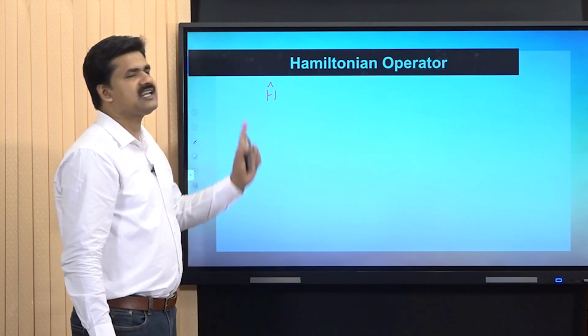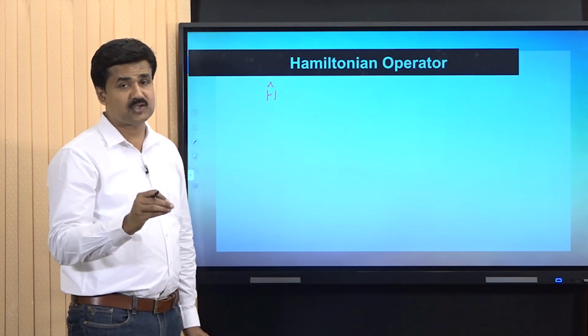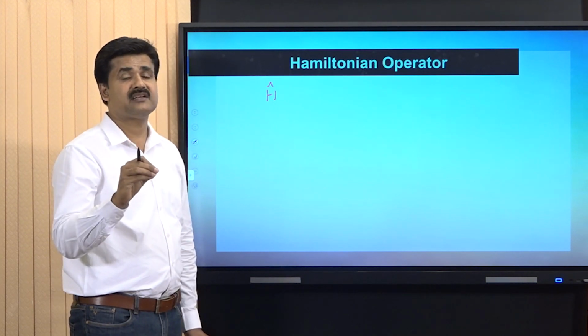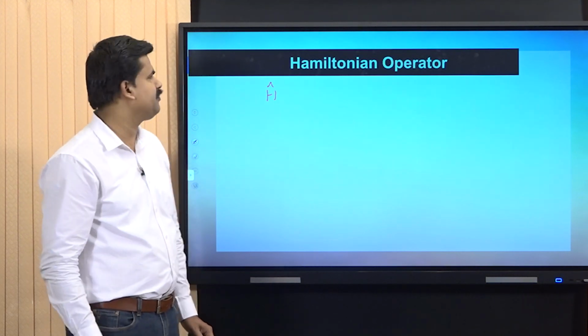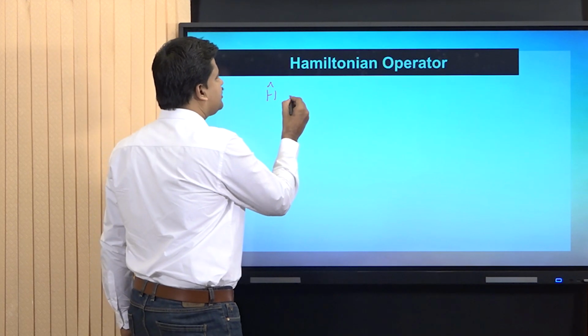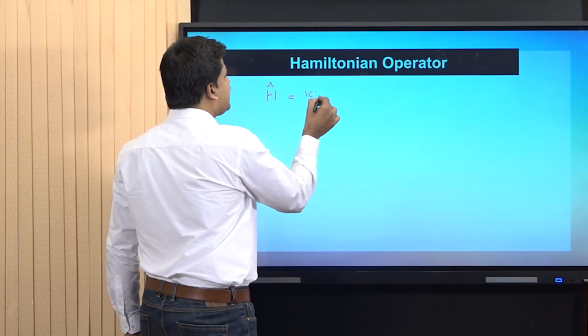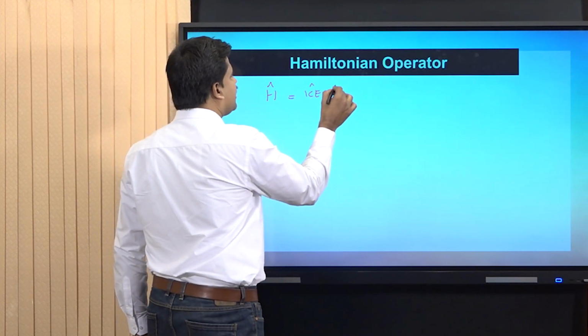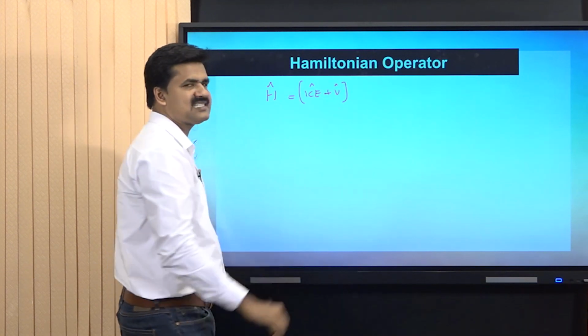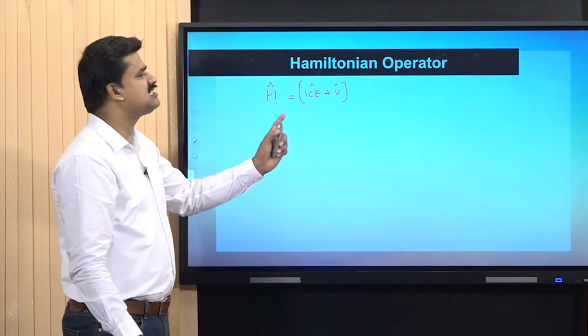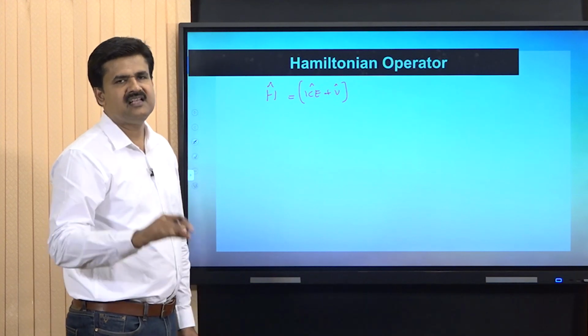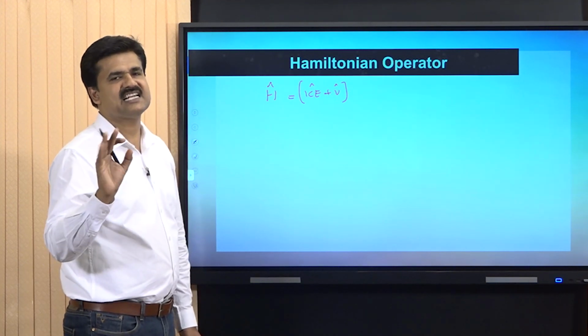So, total energy operator comprised of total kinetic energy operator and potential energy operator. And H hat equal to KE hat plus V hat, where V hat represents the potential energy. Since the potential energy is a fixed quantity, it is as such represented as V.